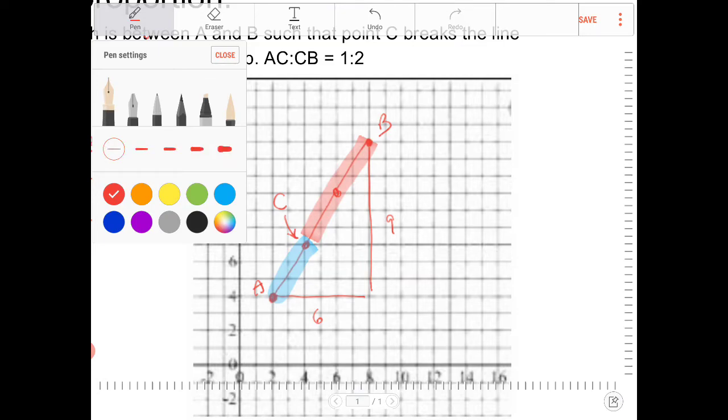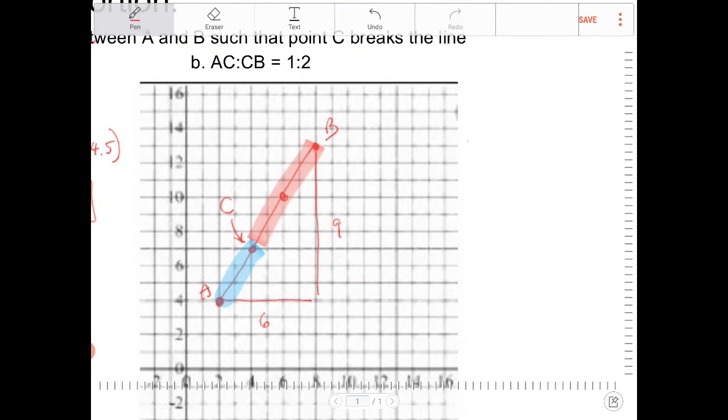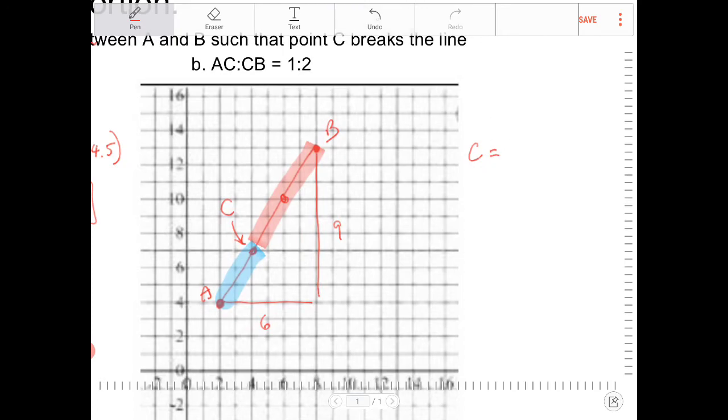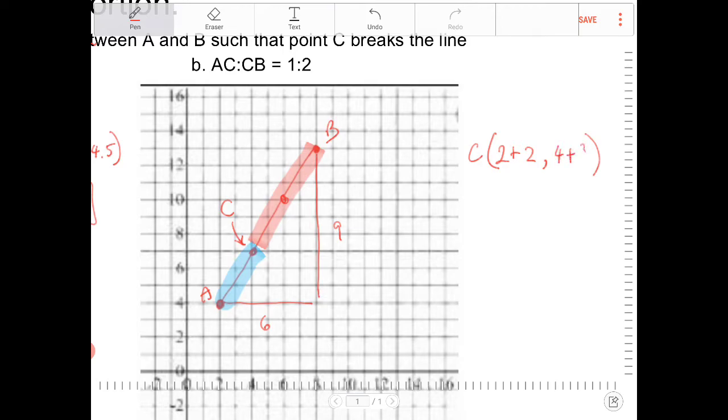So C will be, again, 2 to the right and 3 up, so (4, 7).